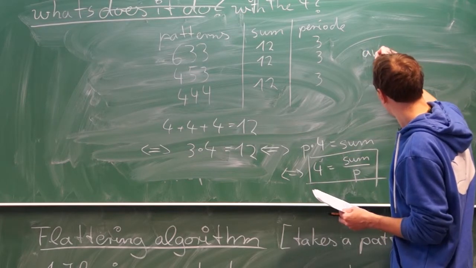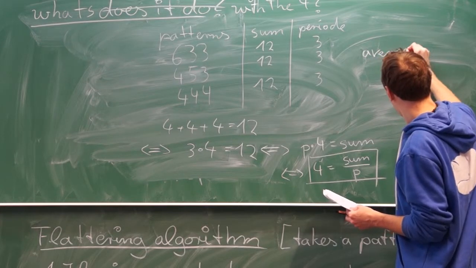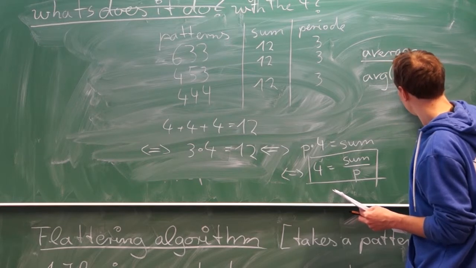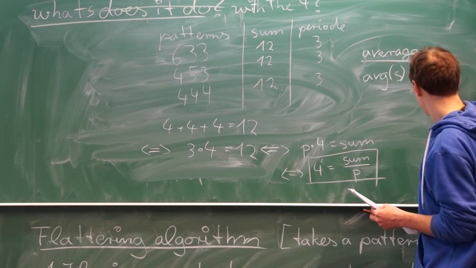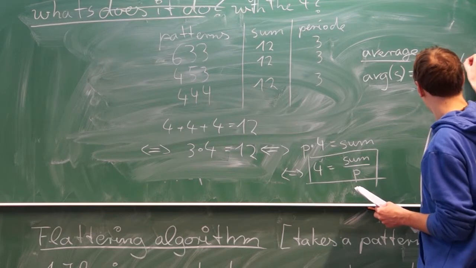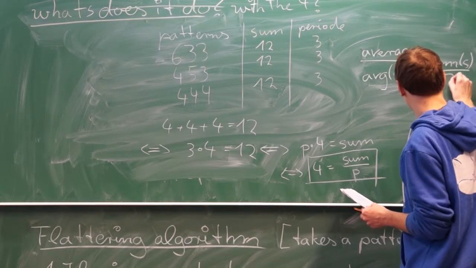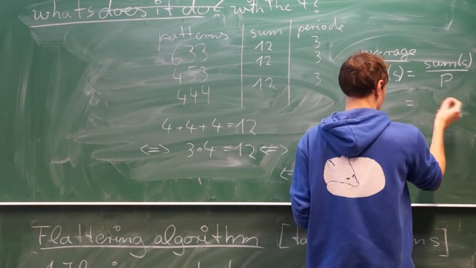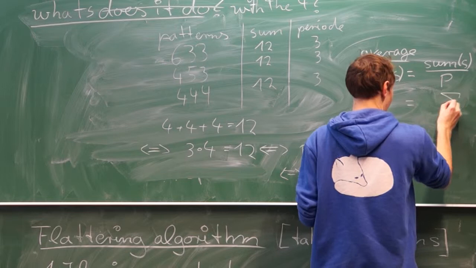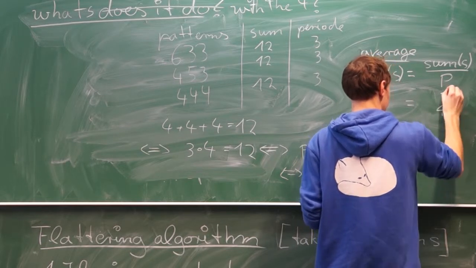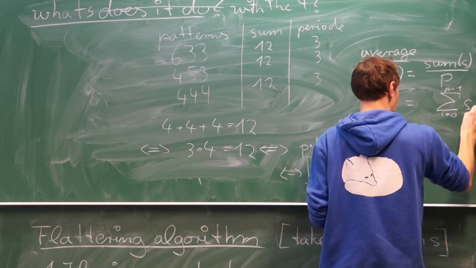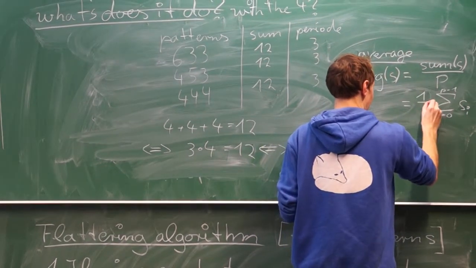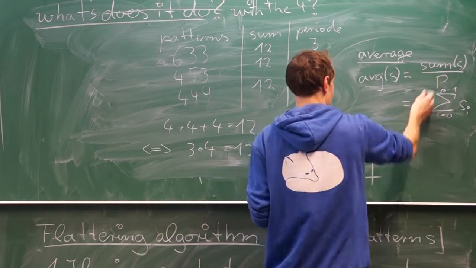So the average of S is the sum of S divided by the period, which I can often write as the sum from 0 to p minus 1, add up all the digits, and then we divide it. So this is the same as this.